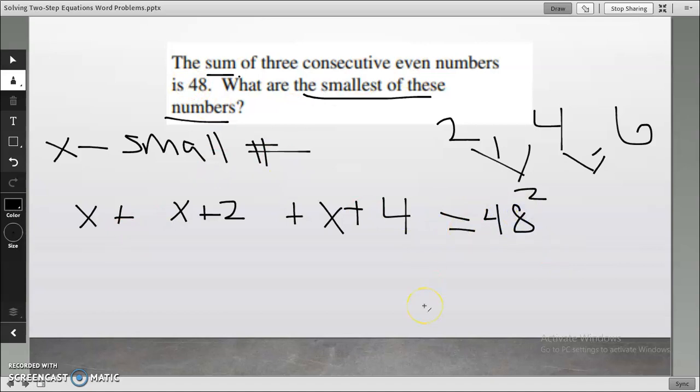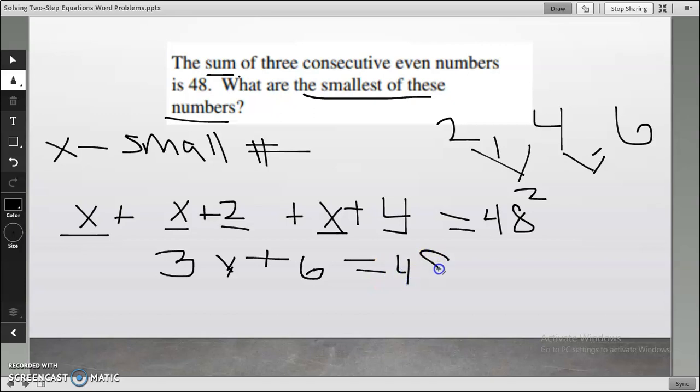So according to my order of operations, the first thing I need to do, which we haven't covered yet, is combine my like terms. So I have x plus x plus x, so that's 3x. And my constant numbers are 2 and 4, so that is 6, equals 48. All right, so again, according to my order of operations, the first thing I do is subtract 6 from both sides.